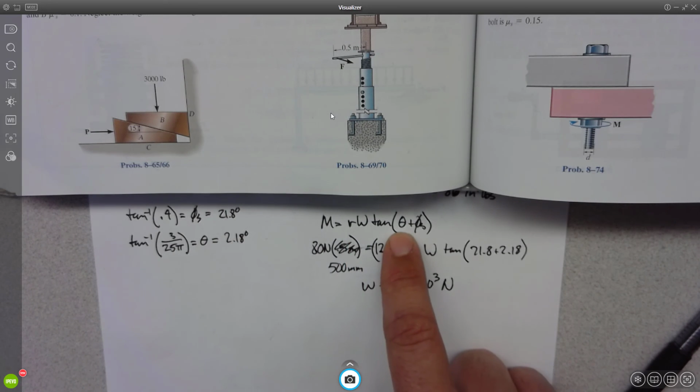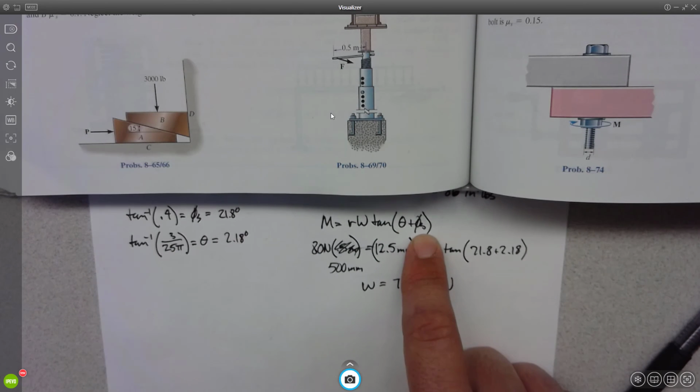Okay, what is theta? It is the angle between the normal and vertical. It's also the pitch of the screw, essentially. So this is the angle of the ramp. If we're saying that a screw is just a wedge wrapped around a circle, it's the angle of that wedge.